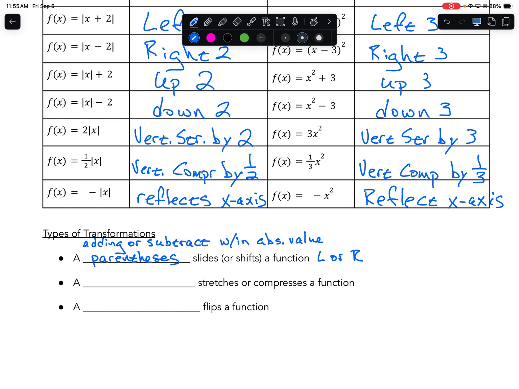Okay? So I don't really like slides or shifts because I don't know which way you're shifting. You could slide up and down, left and right. So I would even cross that out. Just write that.